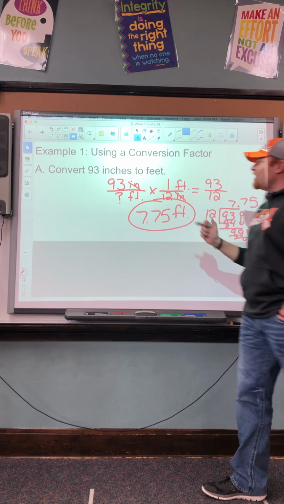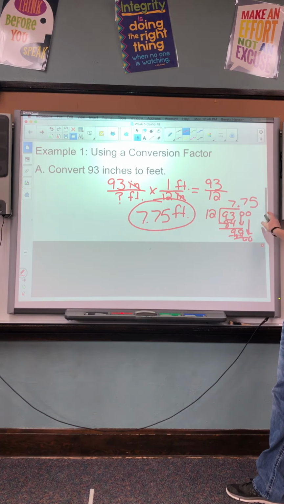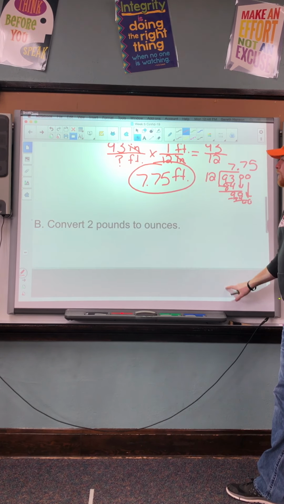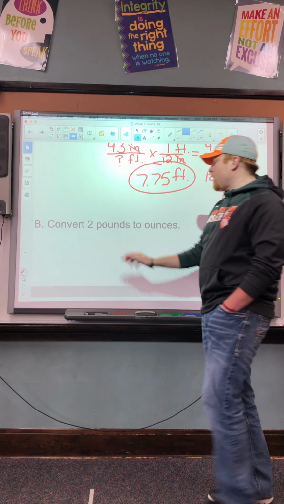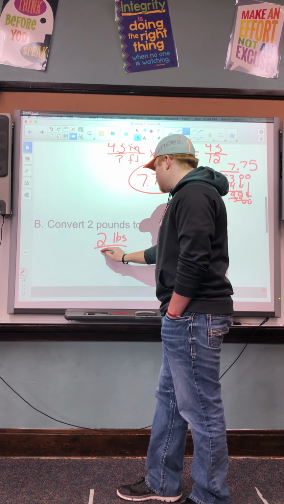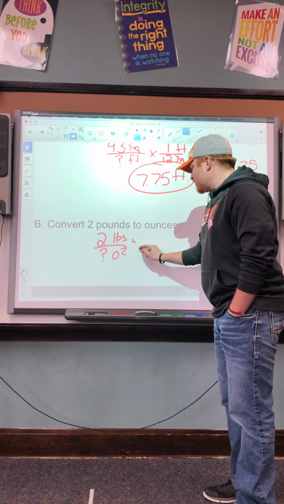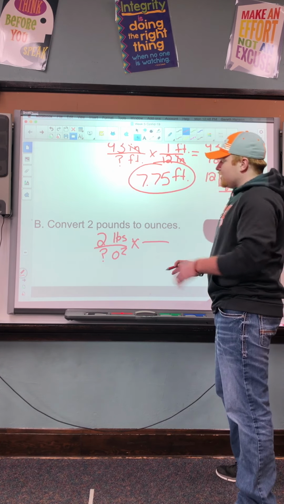Okay, the biggest thing is make sure you set up your conversion factor correctly. That's the biggest thing. All right, so now we have to convert 2 pounds. So 2 pounds into, well, we don't know how many ounces, but we want to convert to ounces. Now we're multiplying, again, diagonally.